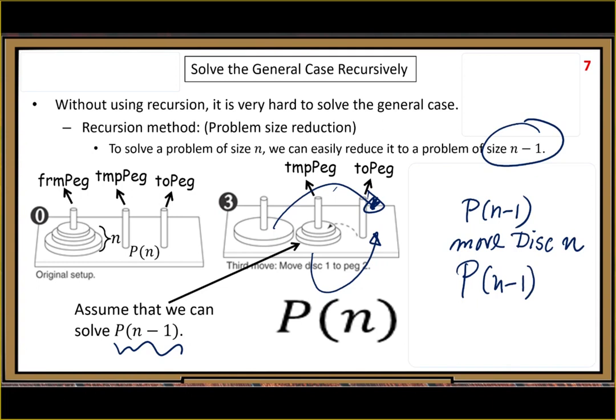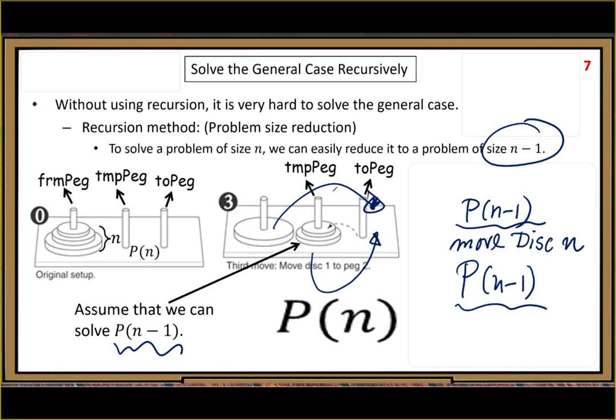If you do the implementation, you need to specify the peg numbers. There are 3 peg numbers: the starting one, the temporary one, and the destination one. Because when we apply P of n minus 1 twice, those 3 pegs could be different, so you need to make a careful assignment of those 3 pegs.